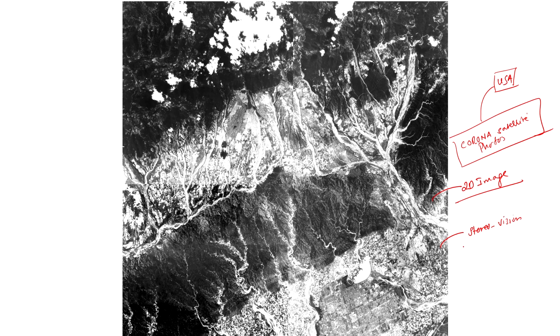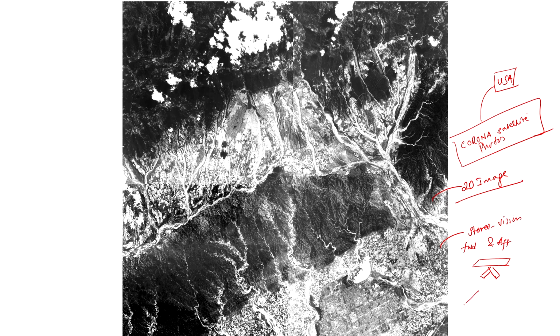This is again a separate domain of discussion. What they do is they have a forward image and an aft image. That means the satellite, when it is moving, has 2 cameras.